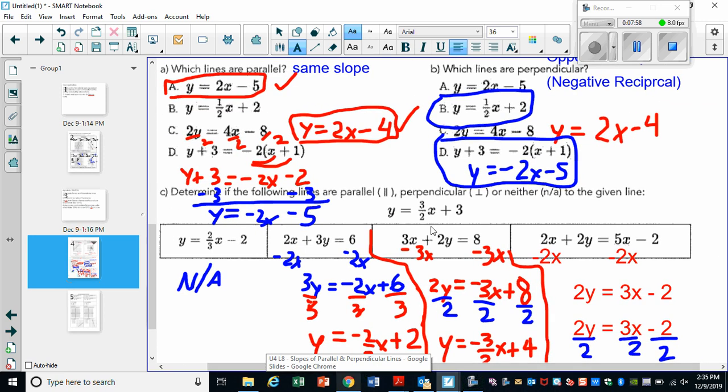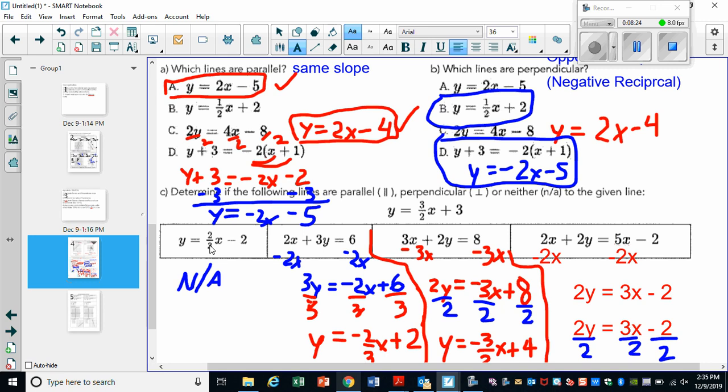Now, for this last set of problems, we had to determine which line is parallel, perpendicular, or neither, given y equals 3/2 x plus 3. So for the first one, it was neither, because even though the slopes are reciprocals of each other, 3/2 is positive, so is 2/3.